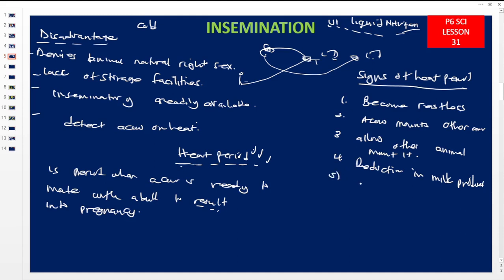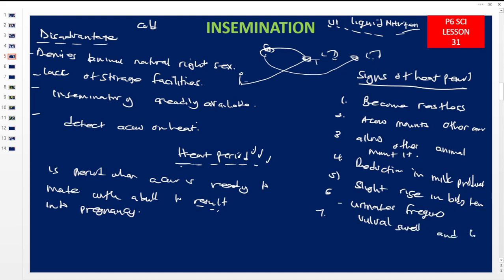5. The animal's body temperature rises slightly, and that will cause the muzzle to dry even. 6. The cow urinates frequently. 7.